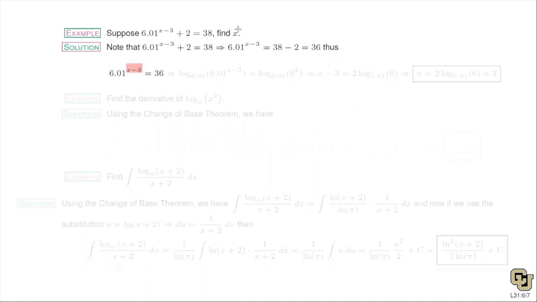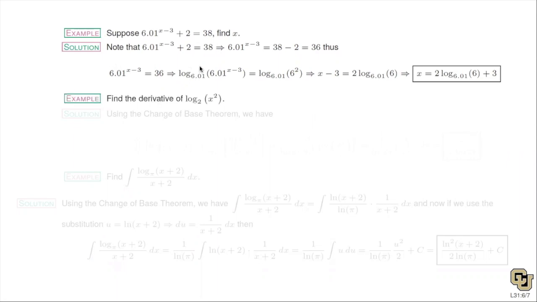You can use the log of any base, but since we're using logs of different bases, not just e, the easiest thing is to do log base 6. Then on the left hand side they cancel out completely, so I just get x minus 3. On the other side I brought the 2 down, but you don't have to. And then I isolate the x, and I found x.